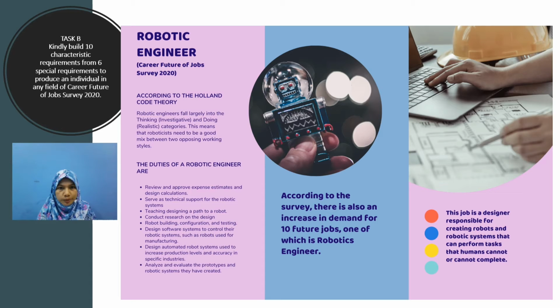According to the Holland Code theory, robotic engineers fall into the thinking or investigative and doing or realistic personality categories. This means that a robotic engineer needs to be a good mix between two opposing working styles.